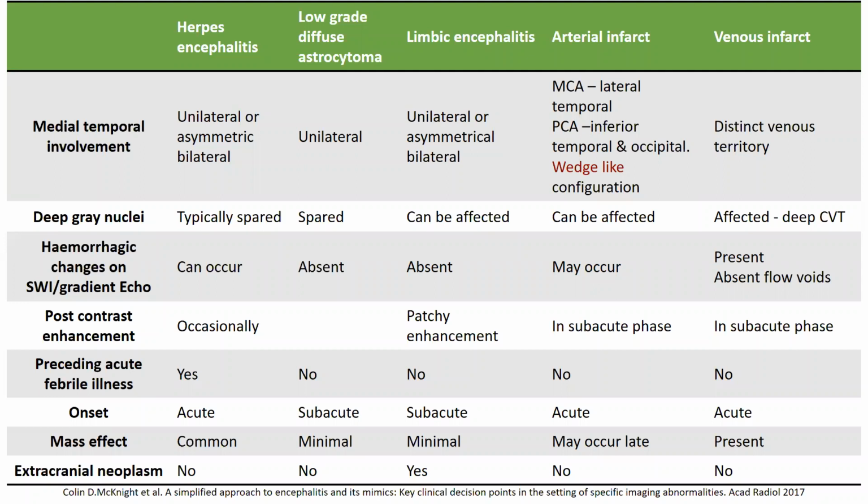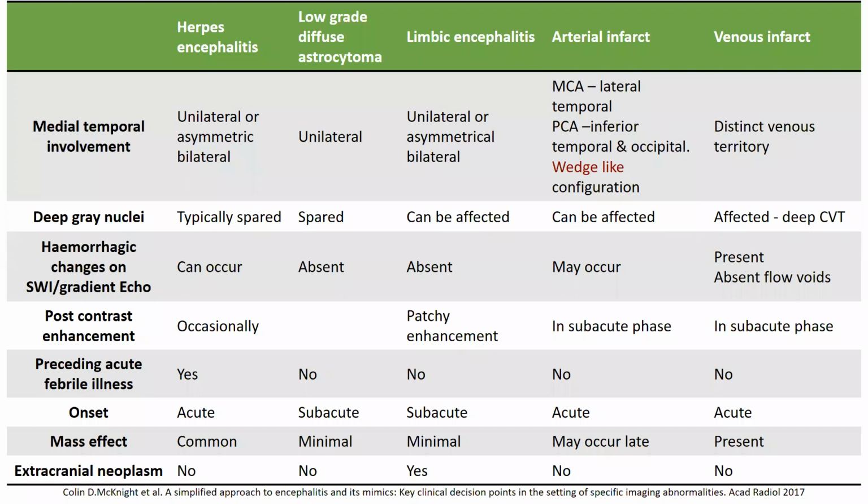Whereas you get a unilateral involvement of the temporal lobe, which can be medial or lateral, in patients with arterial infarct. And in venous infarct also, again, the distinct venous territory is there. So unilateral involvement in astrocytoma, arterial infarct, and venous infarct, whereas unilateral or asymmetrical bilateral in herpes encephalitis and limbic encephalitis.